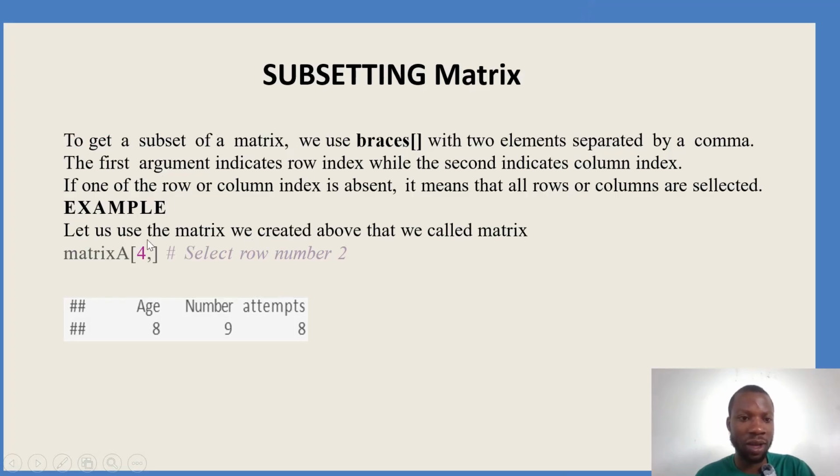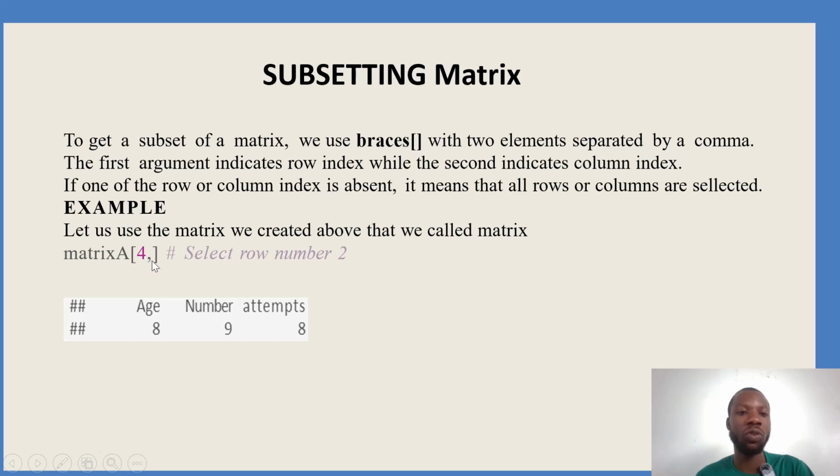But if I put the comma and then indicate the last number, as I told you, the first number here represents the rows, and the second number represents the columns. If you need to specify only rows, you put the number and then the comma and continue.